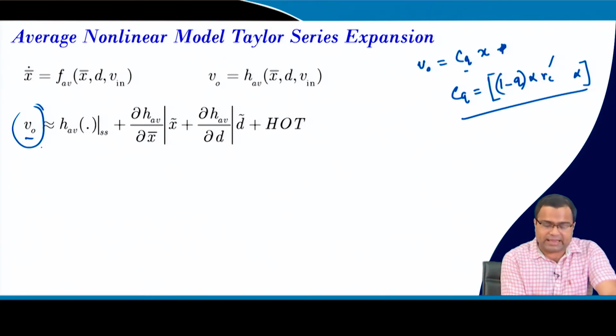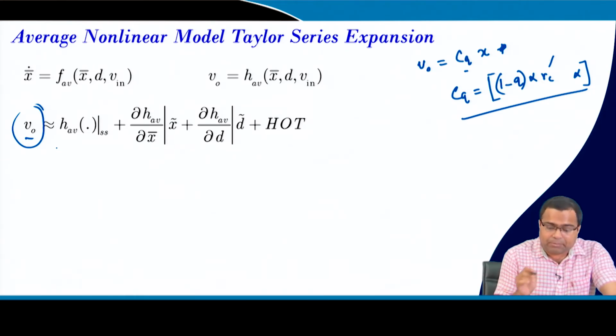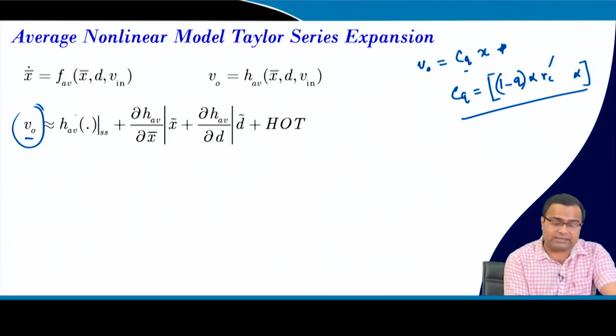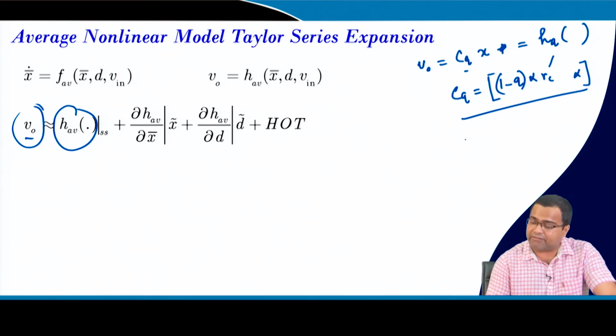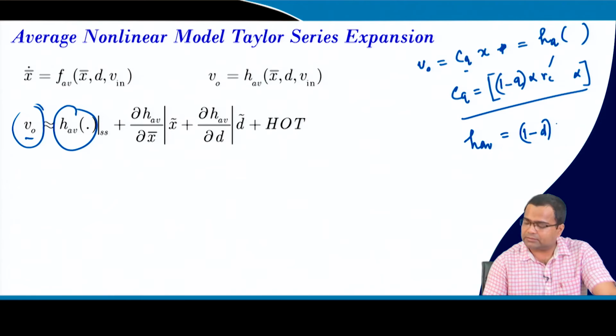So, then we can again write the Taylor series, but here we are talking about the average quantity. This is the average, so we write it like H_Q, but when you take the average, this quantity is replaced by (1 minus D) alpha RC alpha into X average.